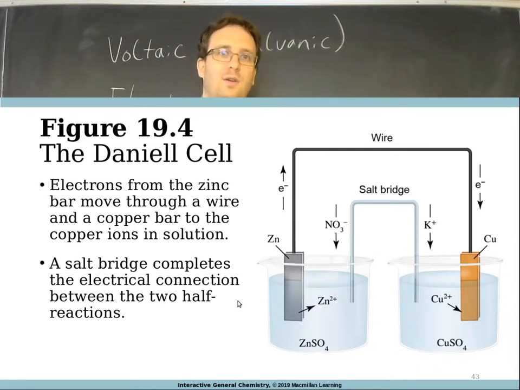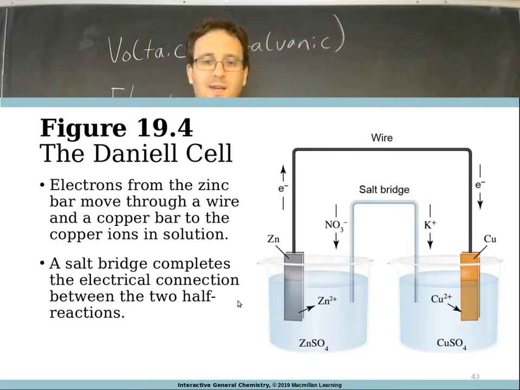We could have a platinum bar or a rod of graphite. What would happen is copper could plate onto that platinum or graphite just fine, because solid copper is not actually a reactant in this cell. It is a product, and so solid copper isn't required at the beginning.